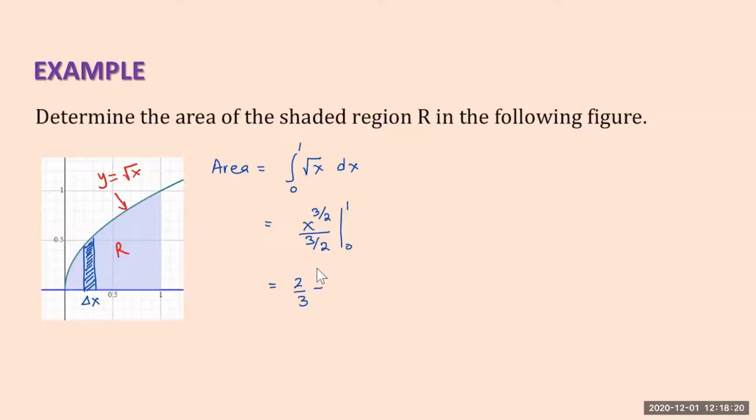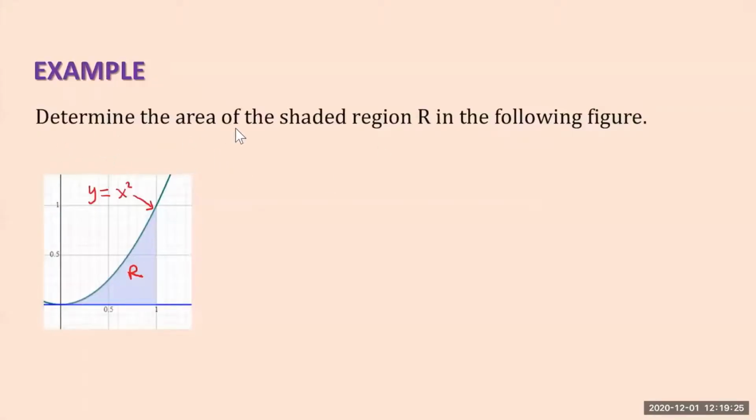Then minus, and plug in the lower limit. 0 raised to 3 over 2 is 0, and 0 divided by 3 over 2 is 0. So that is equal to 2 over 3, or 0.67. So the area of the region R shown here in this picture is 0.67.